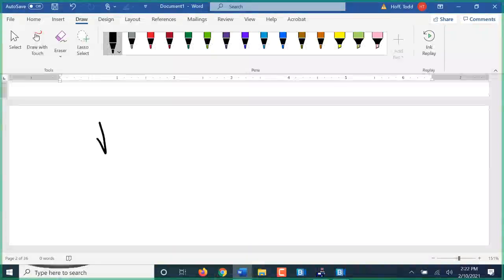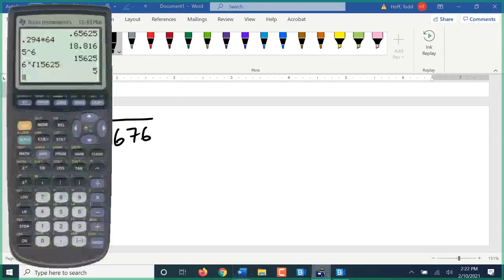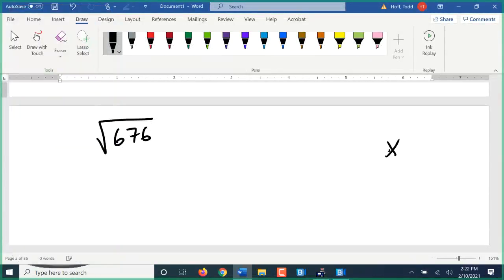If I just want to do a square root of 676, pick that because it's one that you probably don't have memorized. Most of your calculators have an x squared key like this. Because the power of 2 or squaring something comes up often enough, rather than having to do your power key and then 2, they put that squared key on there so it saves you a key string.